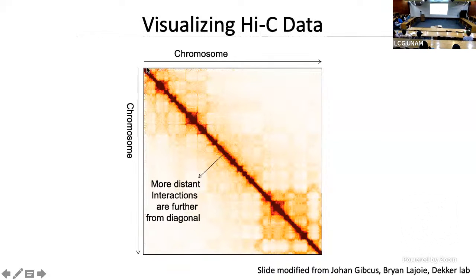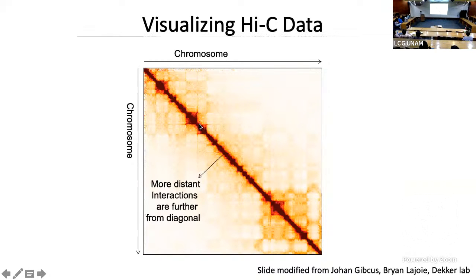So you can see that there's a ton of reads of sequences that are very close together, because they are close together along the linear length of the chromosome. But as you get further away from the diagonal, you see weaker and weaker interactions, but they're not uniform.